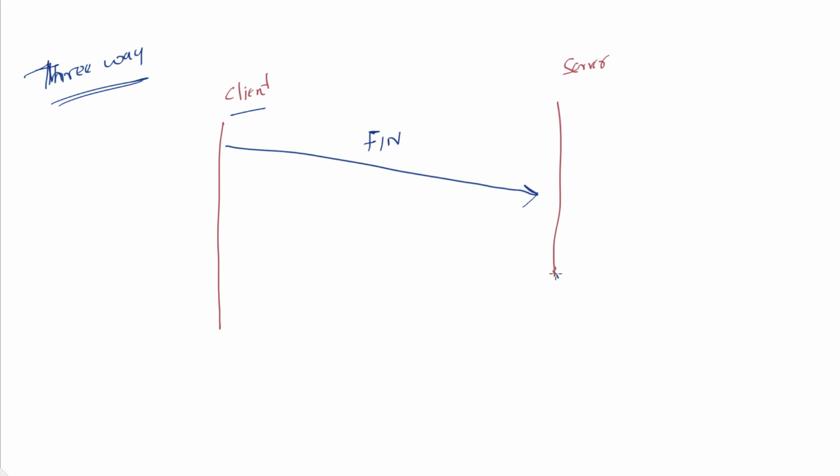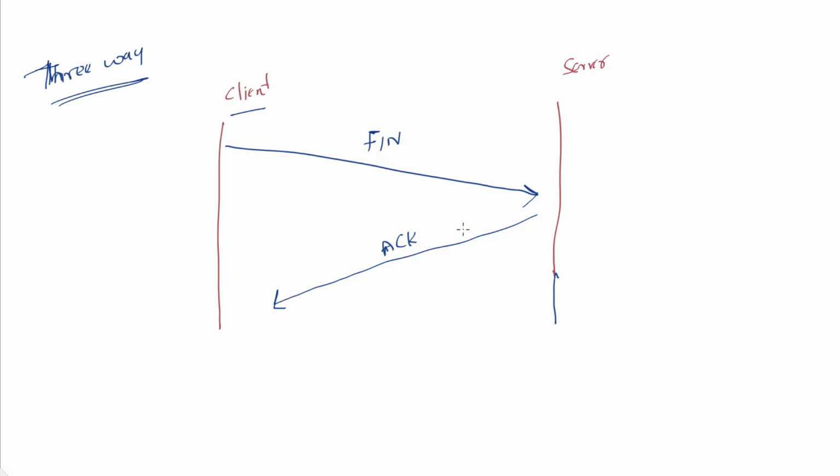And the server may say that it also wants to terminate the connection, or it may say that it wants to terminate the connection later. So it may say, okay, if you want to terminate the connection, that is okay. It will acknowledge this packet, and just send ACK.